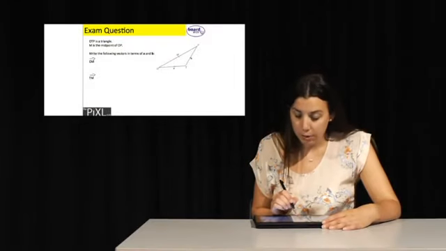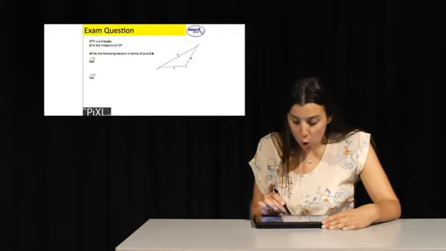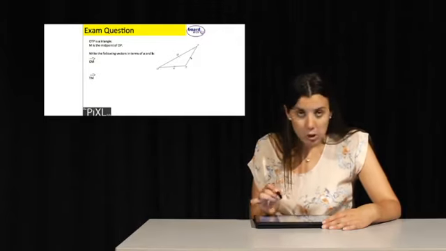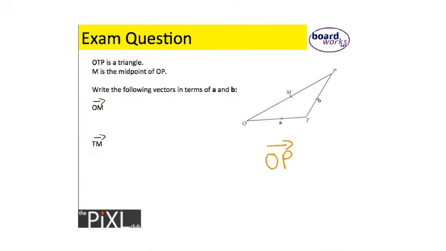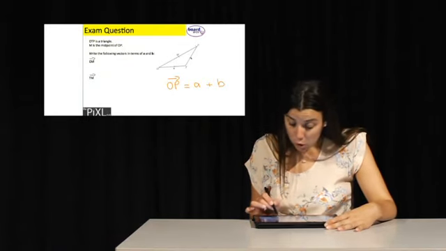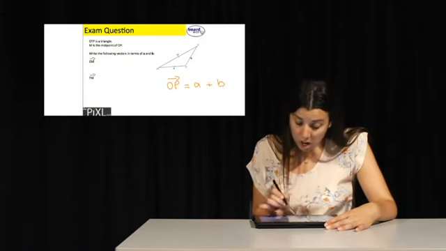So the first vector we're asked to find is from O to M. We know that M is the midpoint of OP. If it's the midpoint, it's going to be half the value of OP. So our first step is to find the vector OP. Starting at O, going to P. We start this way, we go along A, that's positive, and then we go from T to P, which is up in this direction, which is positive B. So the vector OP is equal to A add B. But we're asked to find the vector OM, which is half.